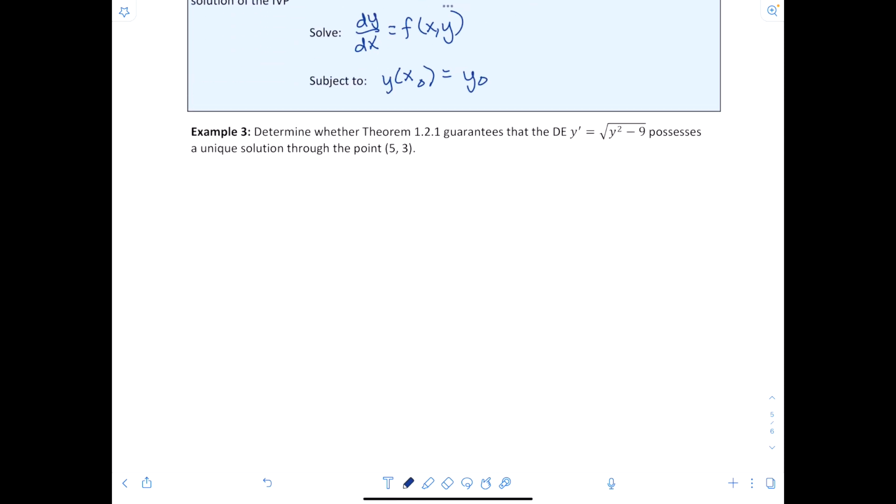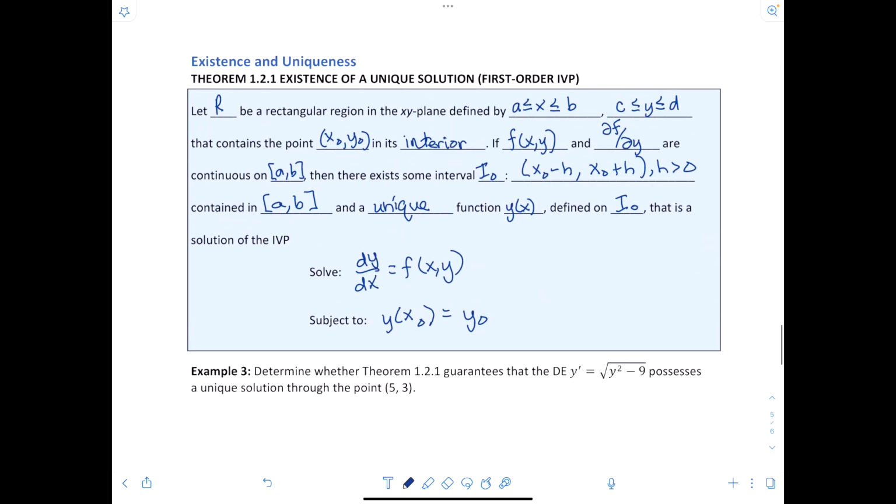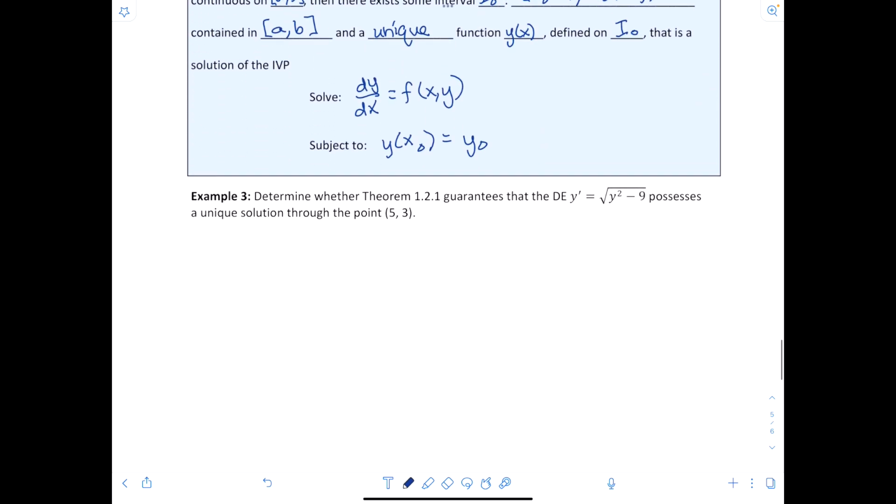So for example 3, we want to determine whether this theorem 1.2.1 guarantees that the differential equation y prime equal to the square root of y squared minus 9 possesses a unique solution through the point (5, 3). So if we take a look over here, remember this part is f of x and y because y prime is isolated.